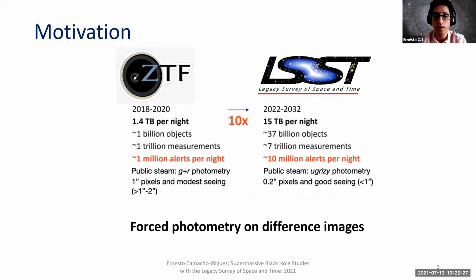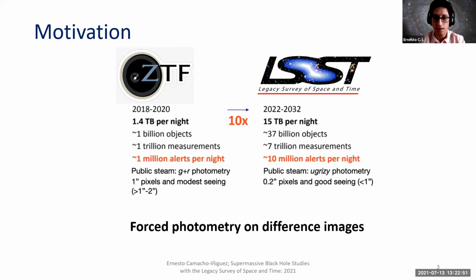Additionally, we are now using ZTF data, in particular force photometry on the difference images. And with the advent of LSST, with all this humongous amount of data that it is going to bring, we expect that the sample size will increase by at least 1 or 2 orders of magnitude, with better photometry and hopefully better calibration.